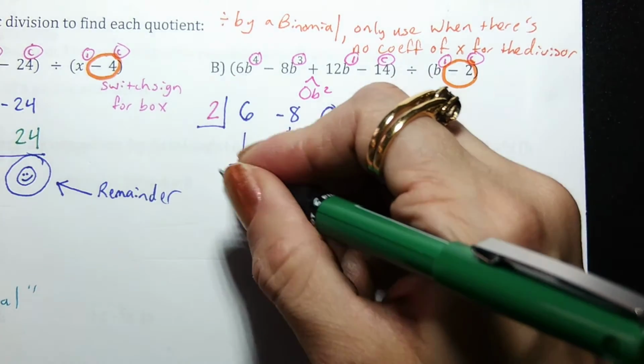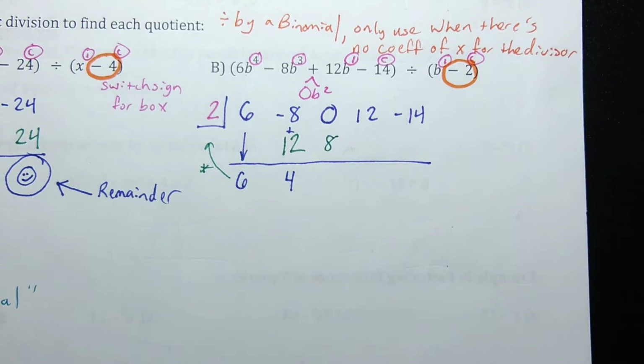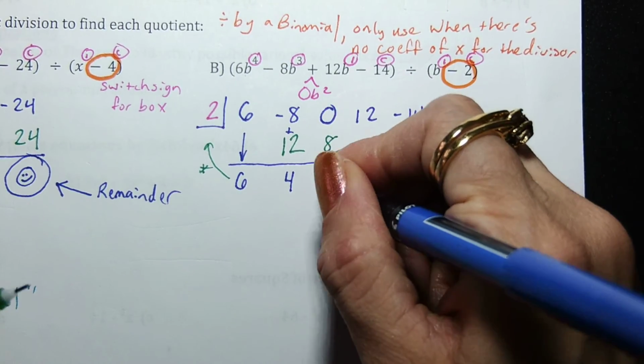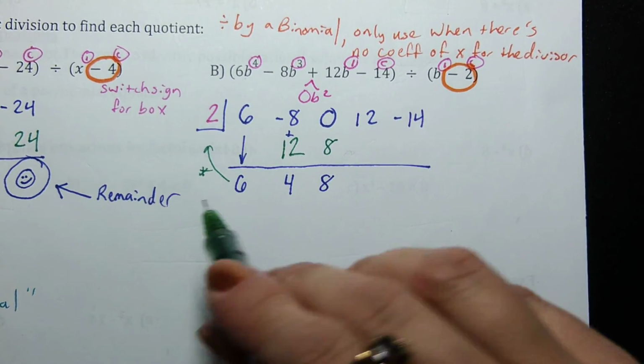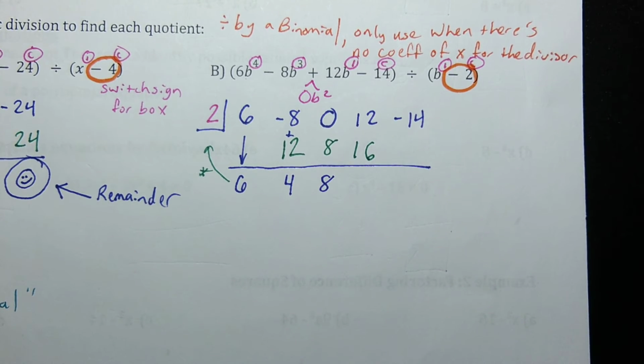4 times the box is 8. Add straight down. 0 plus 8 is 8. Times the box, 16. See if you can complete those last few slots.